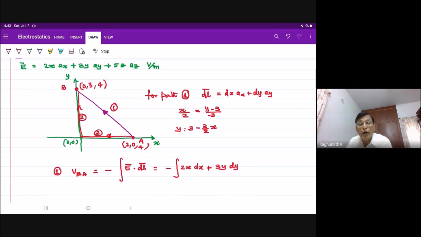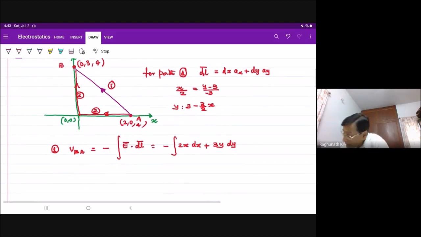Now, this can be evaluated in two different ways. One is taking x as the independent variable.